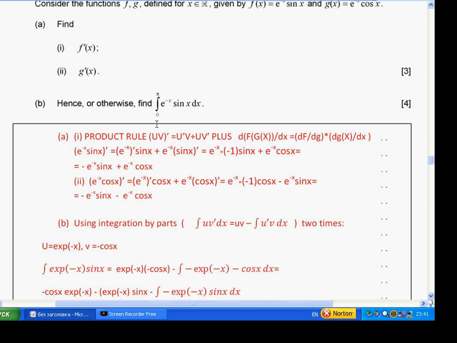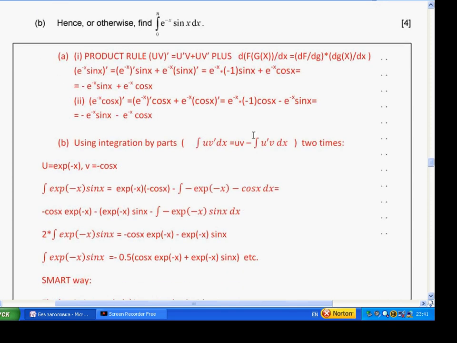Hence, or otherwise, find the definite integral. Here we have two ways: a straightforward way and, let's say, a smart way, because here we have hence. So the straightforward way: using integration by parts 2 times, having as u the exponent minus x and as v cosine x, we get that the integral we need equals u times v, minus the integral of v derivative, which is cosine.